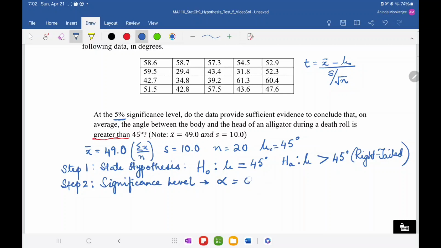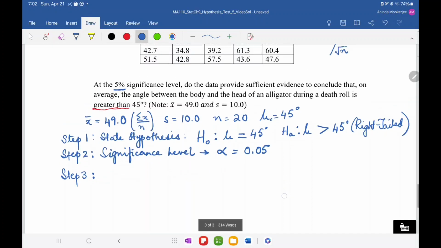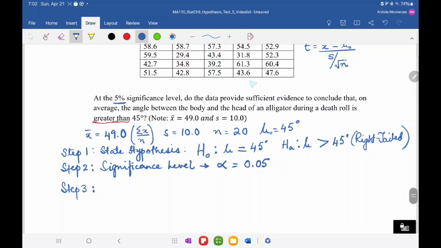So that's 0.05. So we've got our step 2 now. In step 3, we will need to find our test statistic, which is our evidence that comes from our sample data. So calculate the test statistic. That's step 3.